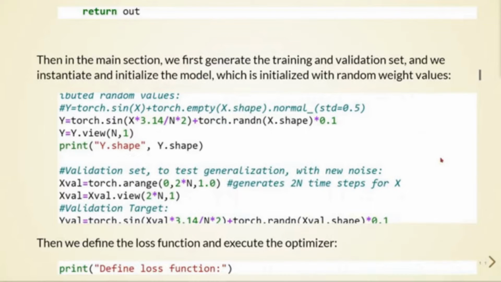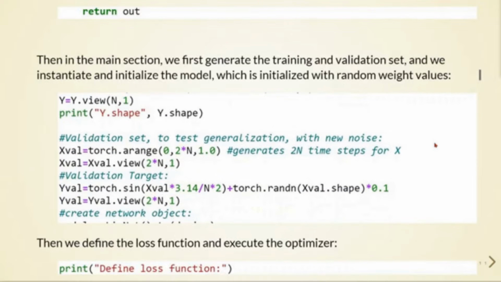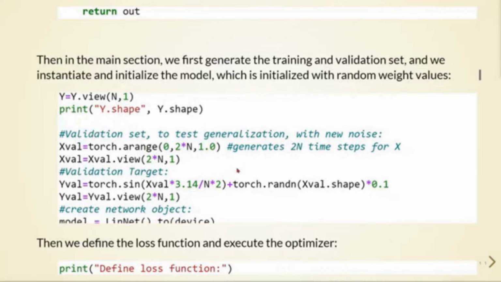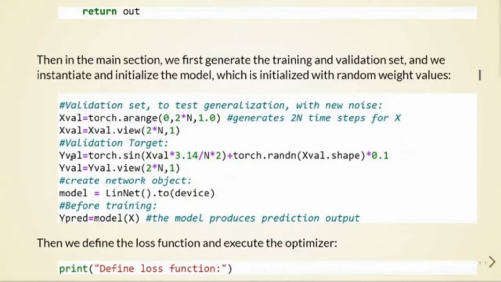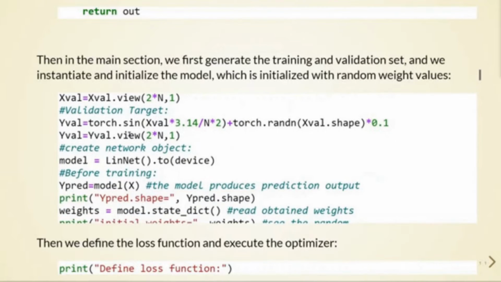For our validation set, to test generalization with new noise and also for extrapolation, we are generating 2 times capital N time steps for X, and this is what we are doing here for our validation set input, so X validation, and the validation target is Y validation. Here we are creating our network object and we are calling it model.